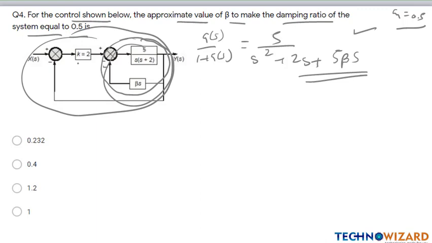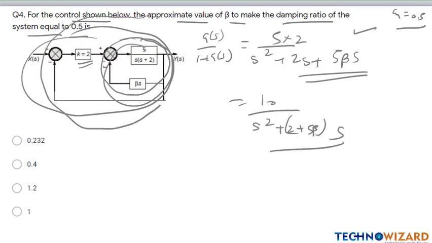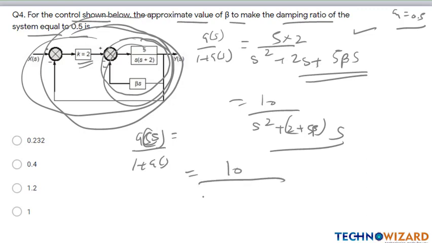Now I am multiplying this by 2 because they are in product form. 5 into 2 will be equal to 10 upon s square plus (2 plus 5 beta) s. Now this whole is also a closed loop transfer function. Recalculating our transfer function, that is G(s) upon 1 plus G(s), we will get 10 upon s square plus (2 plus 5 beta) s plus 10. This will be our transfer function.